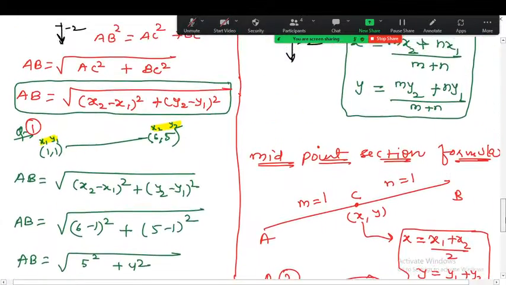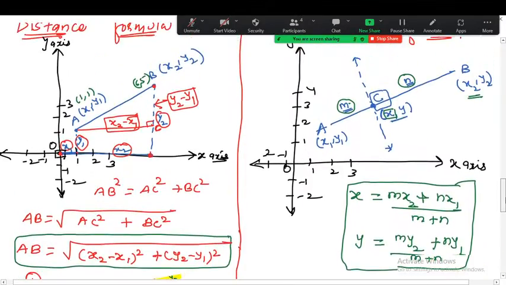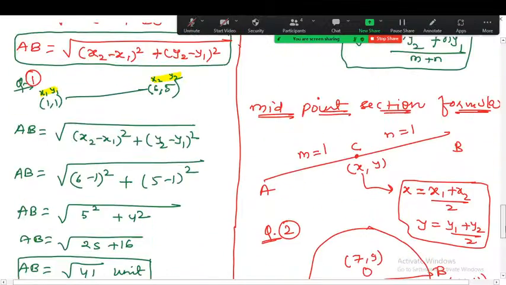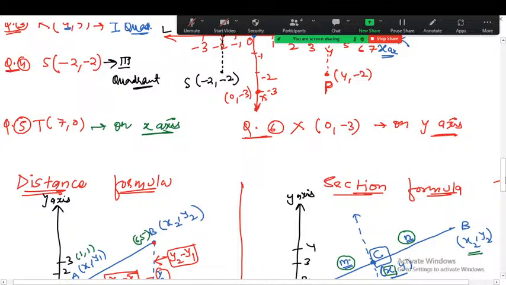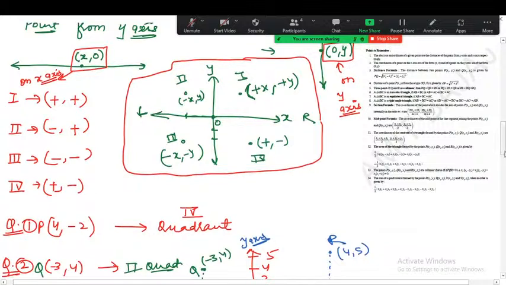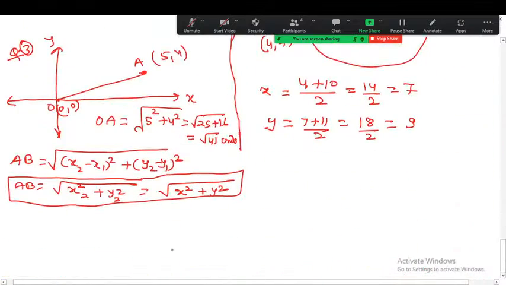Okay, I have helped you to solve fewer questions that will help you to clear the concept of all this topic. I have almost covered all of the concepts related with this topic. In the next class, we will be solving more concepts based on collinearity, because there are several applications of distance formula.